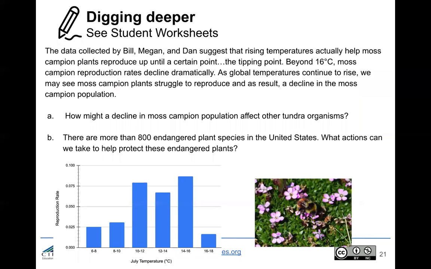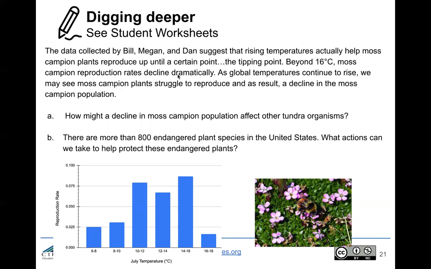The last piece after those explanatory models, we have added what we're calling a digging deeper question, or in this case, there are 2 questions to give students an opportunity to think about, to try to relate what they learned back to their communities, or to relate what they learned to a social justice issue, to relate to something bigger outside of what was presented in the data puzzle resource.